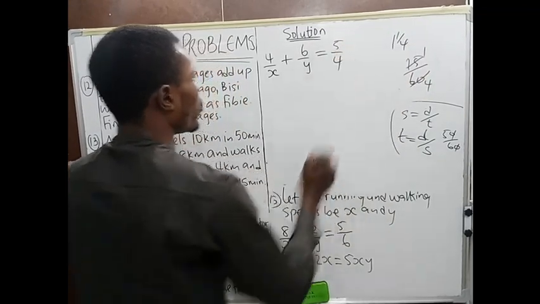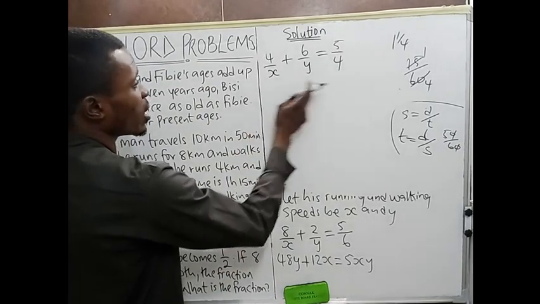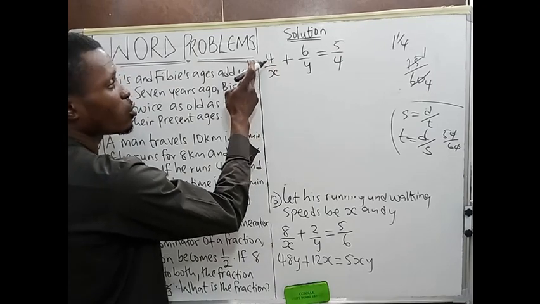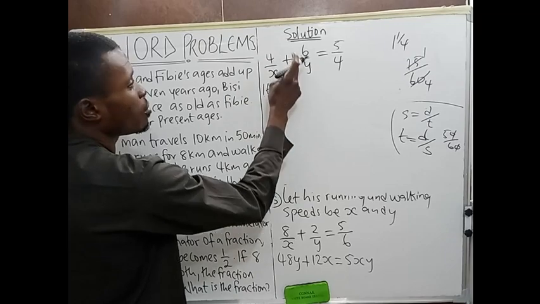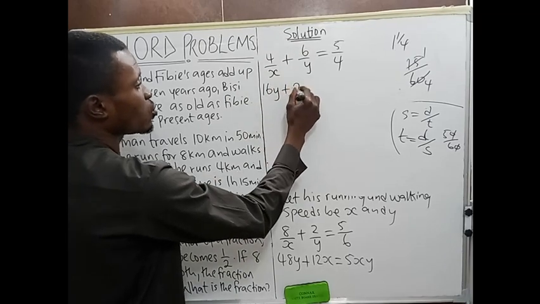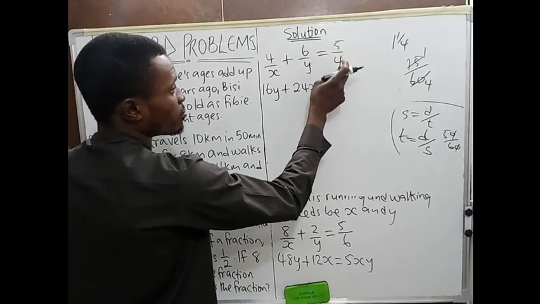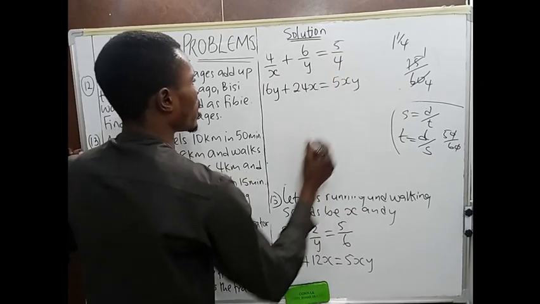5 over 4. So to clear fractions, the LCM is 4xy. 4xy times 4 over x. x cancels x. You have 4y times 4, 16y. Plus 4xy times 6. y cancels y. 4x times 6, 24x. Equals 4xy times 5 over 4. 4 cancels 4. xy times 5, 5xy.